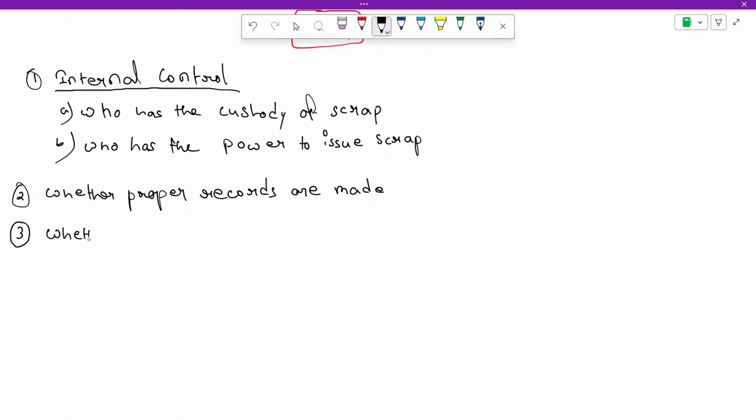Third will be whether scrap is sold at a reasonable price.